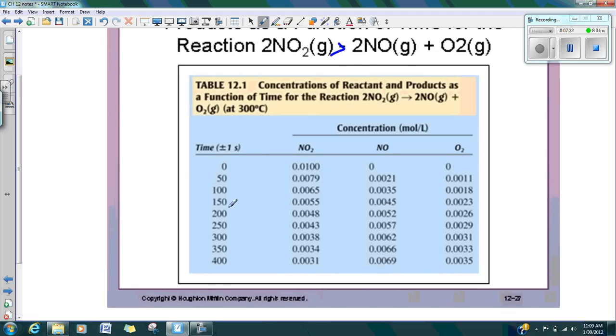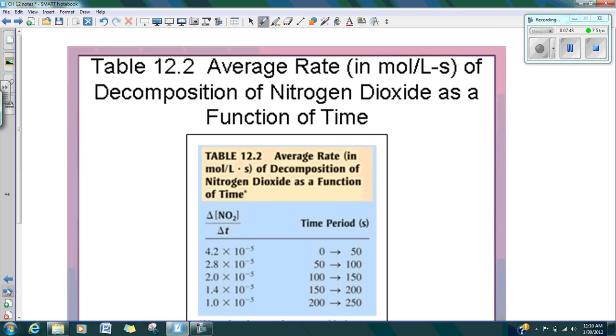And time's going by in second intervals, and you can see that my concentration here of my reactants is decreasing, and this is actually increasing, and we experimentally could take a look and do a mathematical difference of those rates. So here I have another table here. The average rate, you can see again when it says moles per liter, again we're talking about concentration, so molarity over time. So how much is that changing?